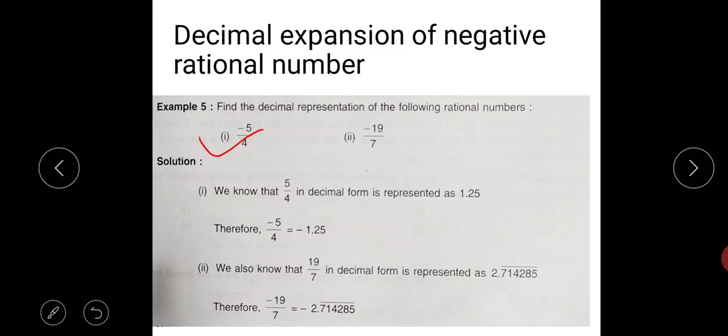So we find the decimal form of 5/4, and we know the decimal form of 5/4 is 1.25. So -5/4 is equal to -1.25. We just put a negative sign in the answer.